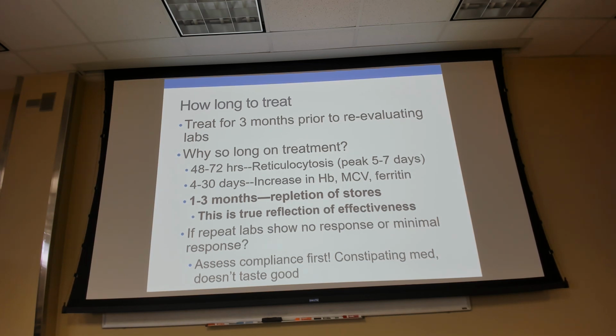You can look in a few hours, a few days even, to say, oh, I do see now my reticulocytes are increasing because I have new little babies that are being pushed out the nest. If I see in about a month that we have some of those corrections in your overall number and size and your storage form, but it's really going to take that full life cycle to see if you truly have been effective in your treatment or not.